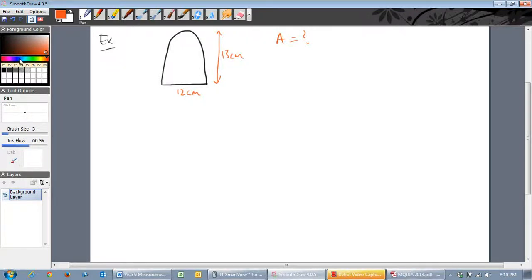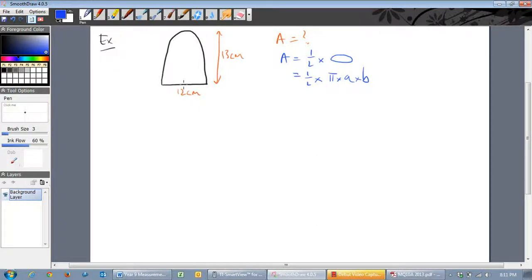So what is it? Well, it is an ellipse. In fact, it's half an ellipse, so the area will be half of an ellipse, which is half times pi times A times B. In this case, what's A and what's B?